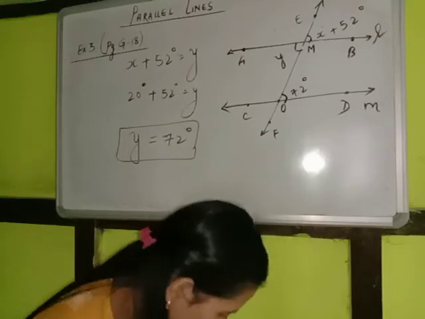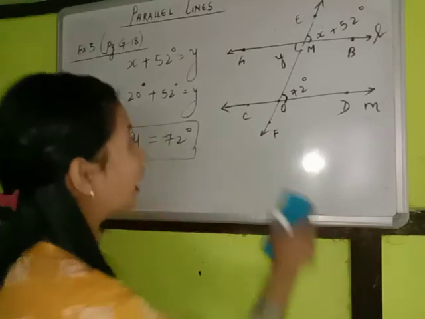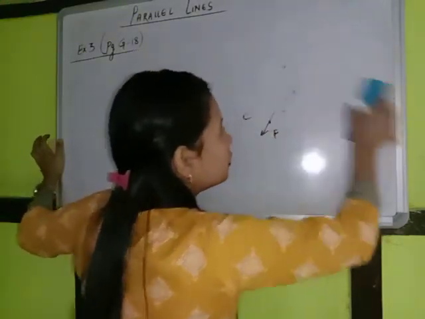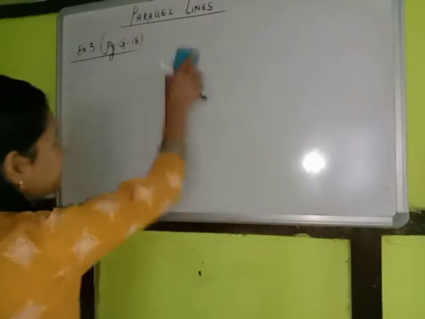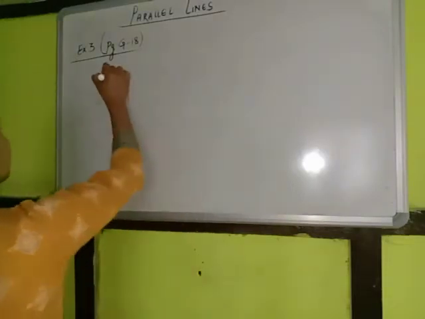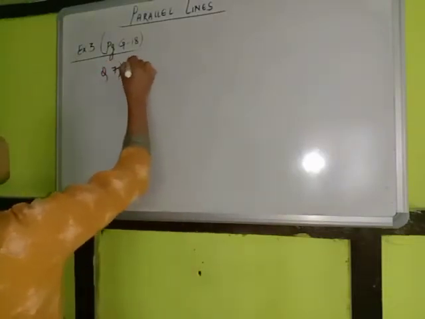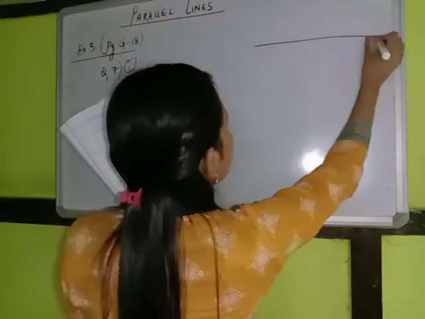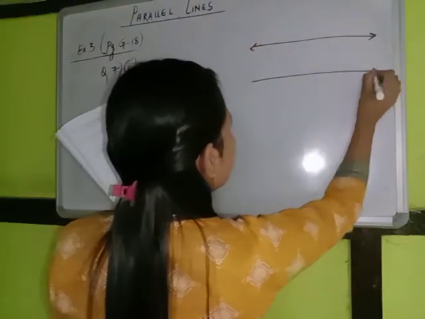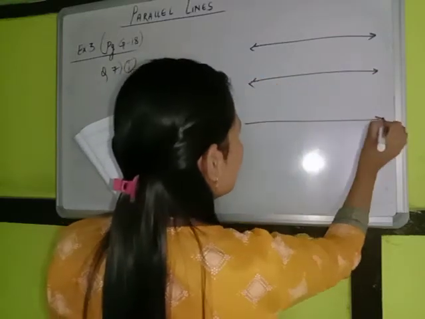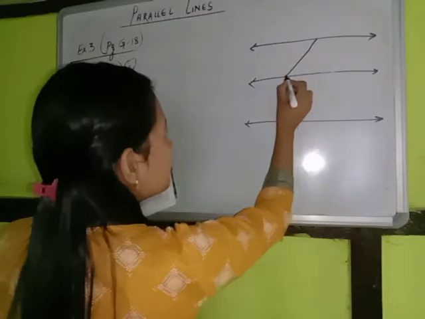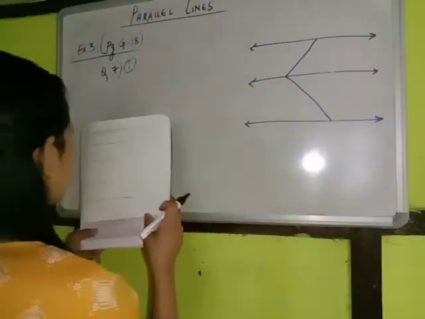Now let me do question number 7, part 1. Okay, so this is question number 7, part 1. So let me draw the figure. So all these 3 lines are parallel to each other. Okay, so these 3 lines are parallel, and we have a transversal and another transversal.